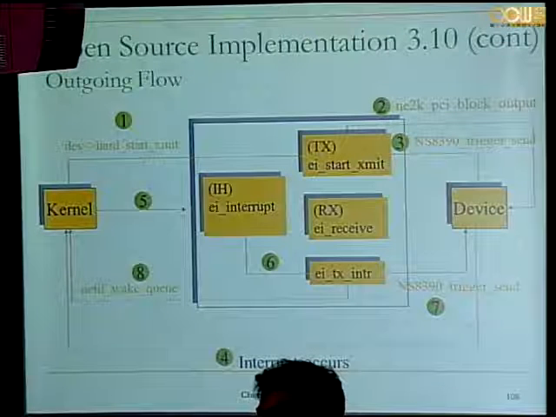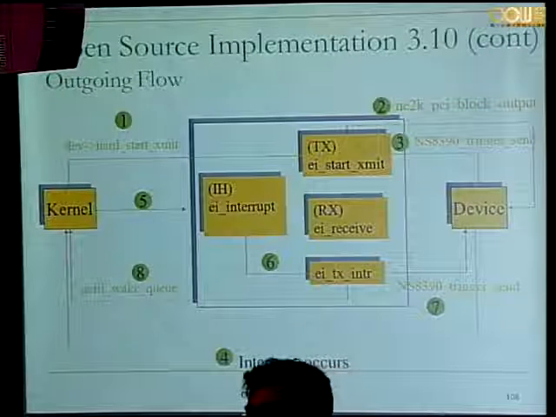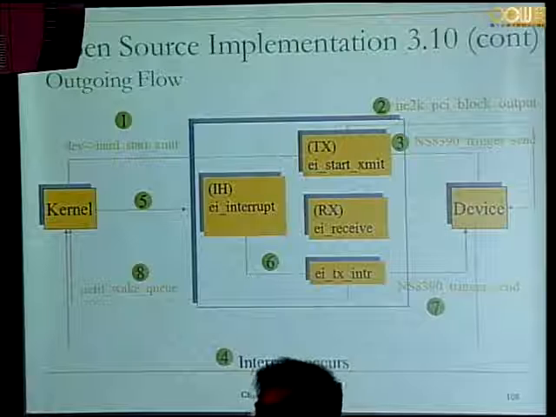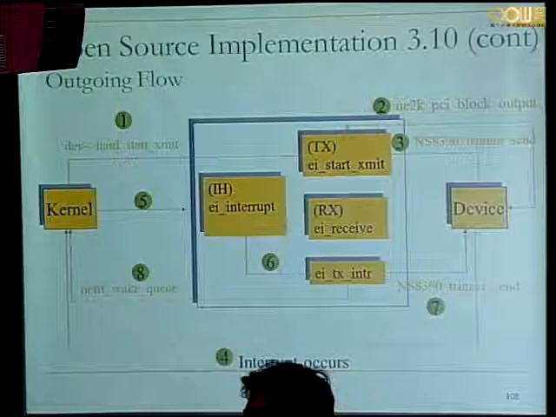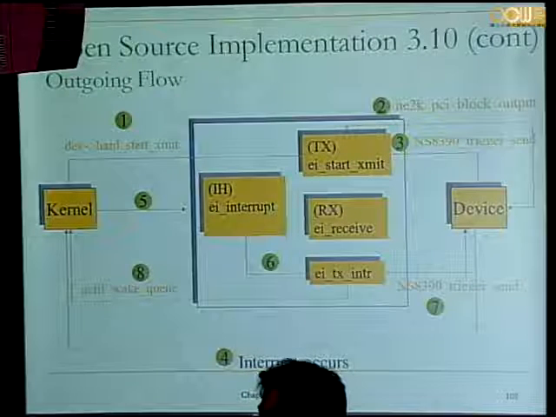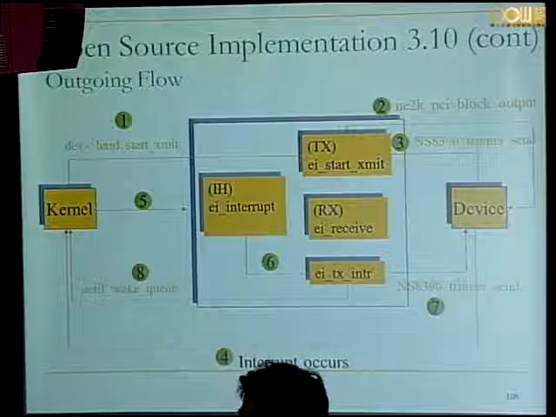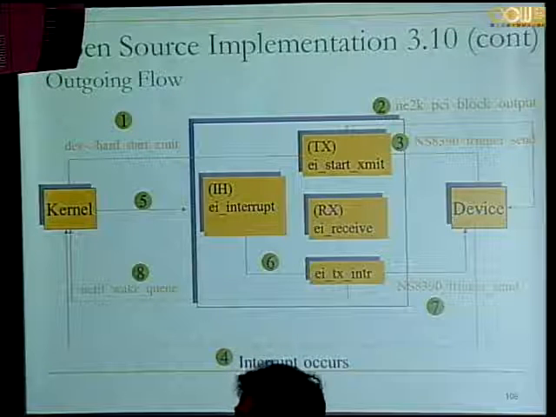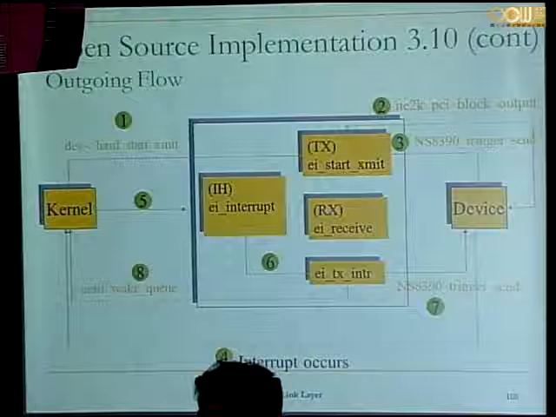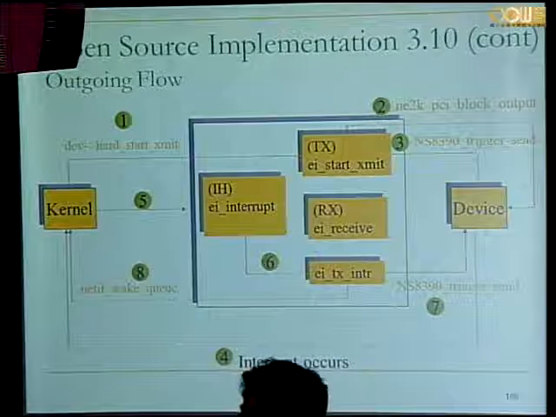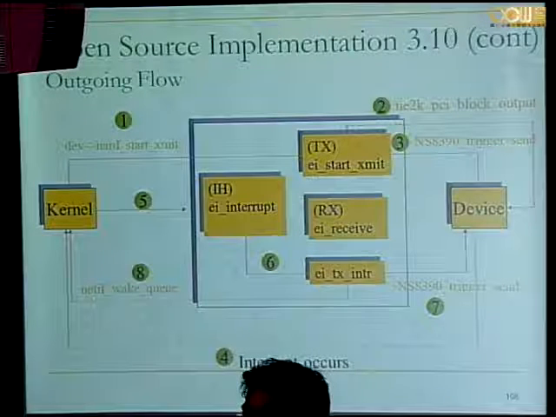And after it has finished the job, it generates an interrupt. And I will check whether it has successfully transmitted. If it has, and I have more frames to transmit in my buffer, then I would issue another command to transmit the second frame. Okay.